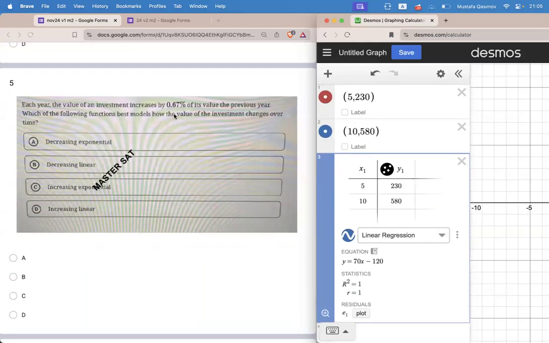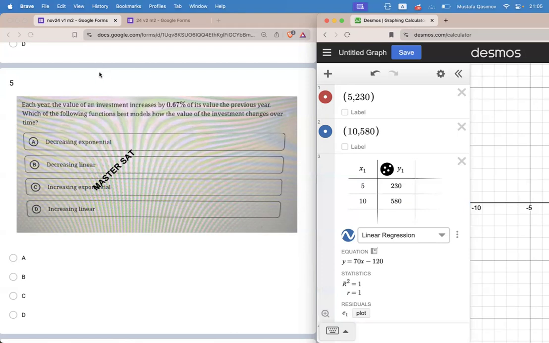5. Because it says increasing 0.67. Can you see my screen by the way? Yes. Okay. Good. It says that it increases 0.67% of the previous year.